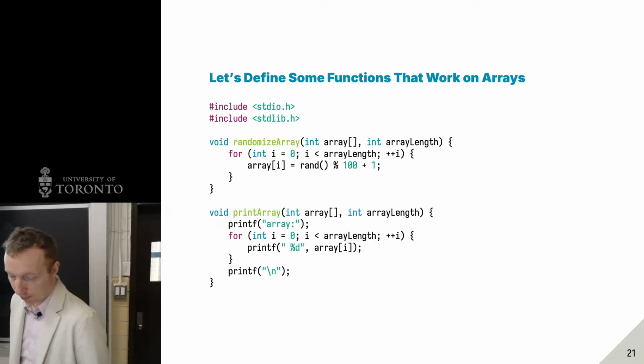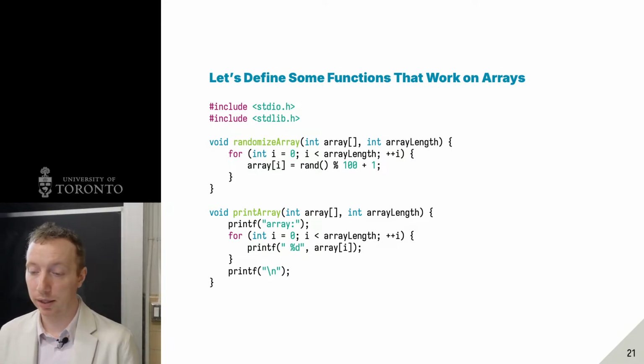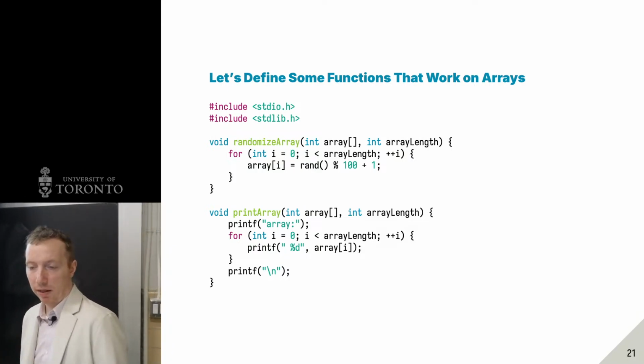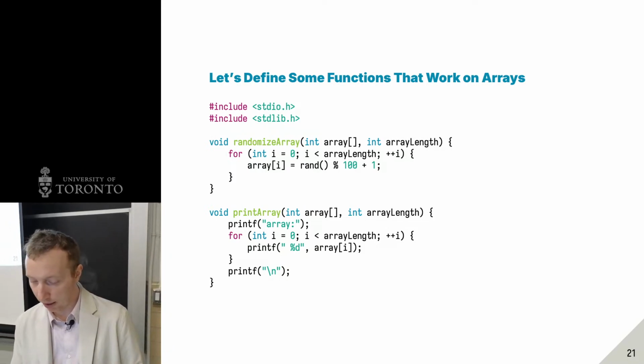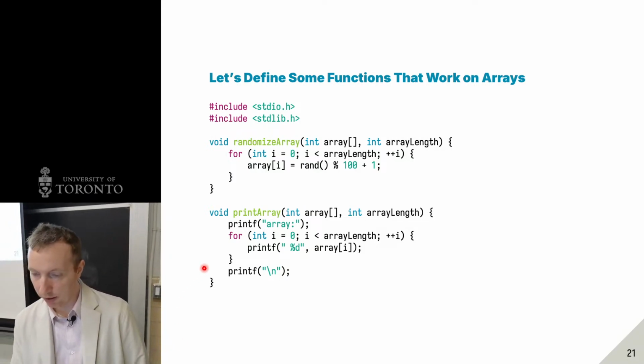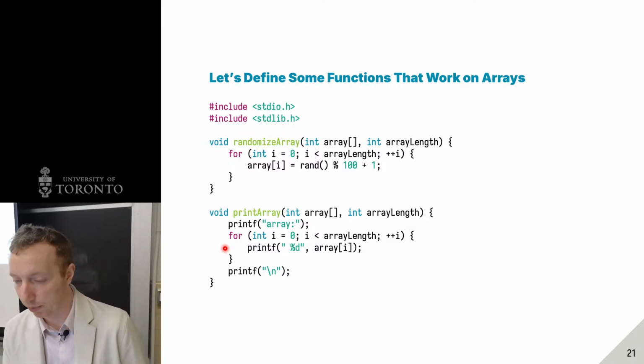So you can also define functions that work on arrays. You can actually do something like this. Let's say we have some functions called print array and randomize array. Print array just prints all the values of the array.